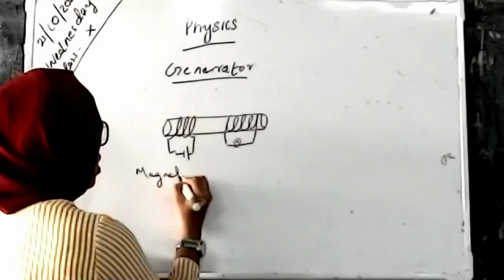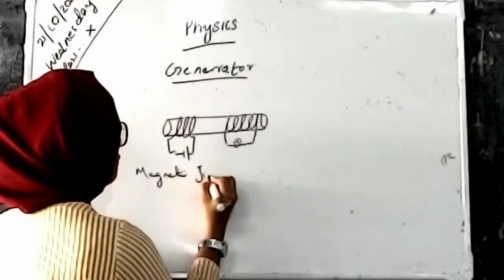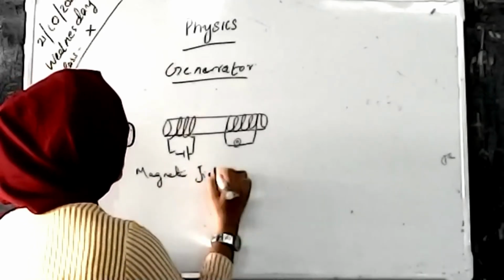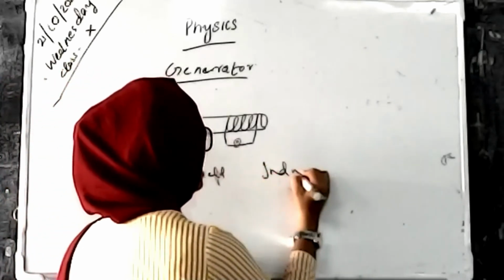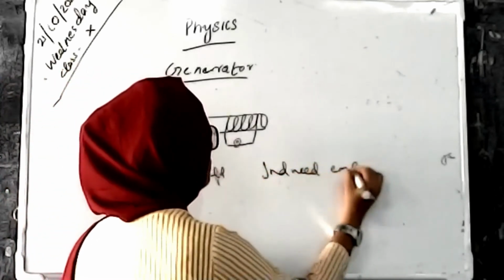Okay, so the first coil gives the magnetic field, and the secondary coil gives the induced EMF.